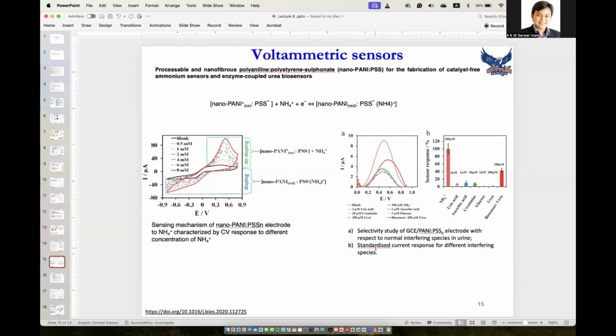DPP is used for the selectivity test. So the selectivity of the nanoPANI PSS was studied for the detection of ammonium in a normal urine model. Here it contains 200 micromole of ammonium, 20 micromole of creatine. Different concentrations, and they are checking how the sensor is working.